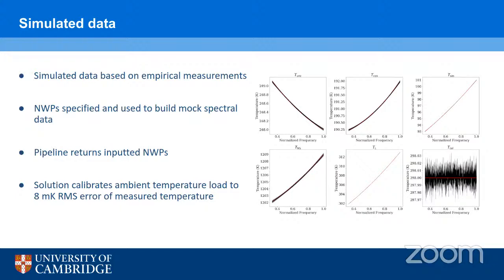In these plots on the right, the user-defined noise wave parameters are shown in red, and in black, we see 1,000 posterior samples from our pipeline. The bottom right shows our calibration solution applied to an ambient temperature load at 298 Kelvin, and our calibration solution achieves an 8 millikelvin RMS error from that measured temperature.